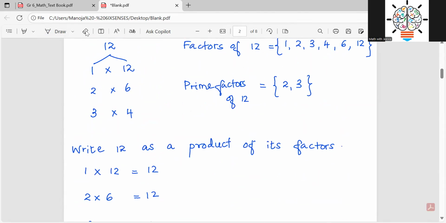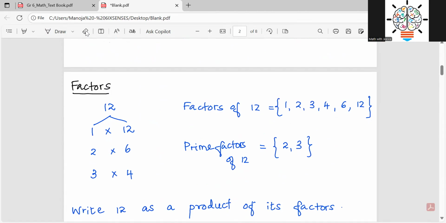Earlier we identified the prime factors of 12, no? First you list down the factors of 12, right? Like this, you can draw a tree and list down, thinking about what are the ways you can have 12: 1 times 12, 2 times 6, 3 times 4, 4 times 3, yes, but it is not taken because already we have taken 3 times 4. So we list down the numbers.